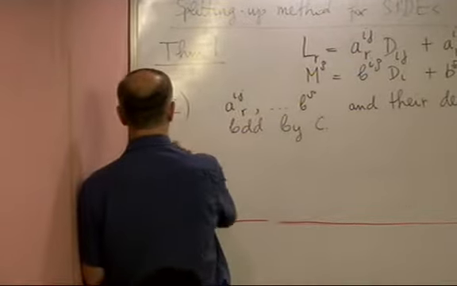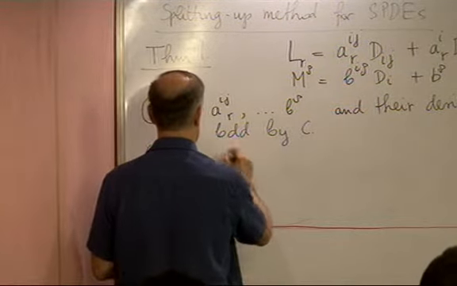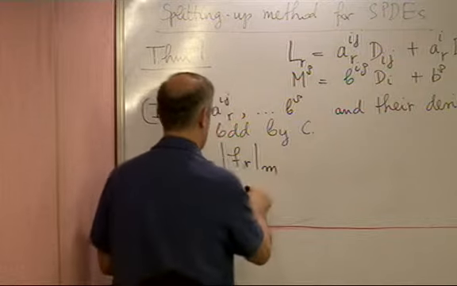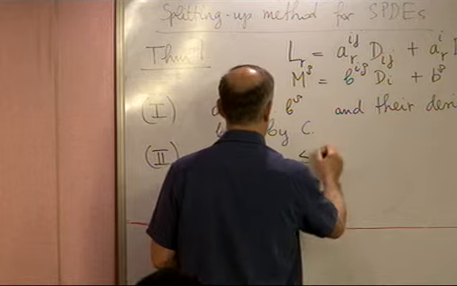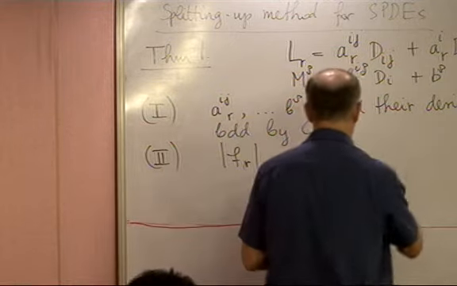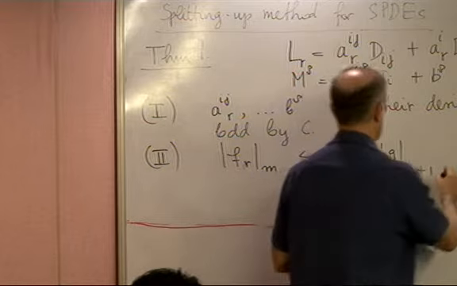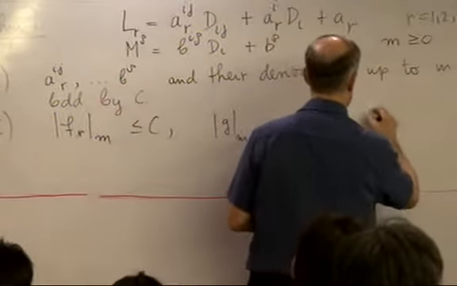Then second, for the three terms that F are in the M norm, so we have M norm less than or equal to C, and the G M plus 1 norm less than or equal to C, and the initial condition.